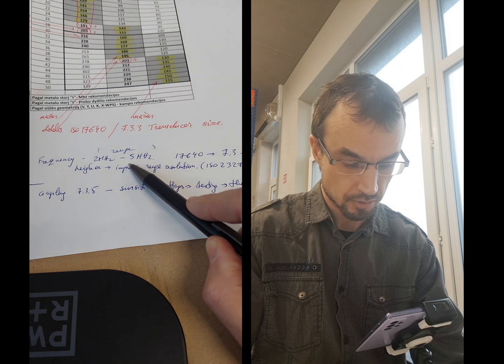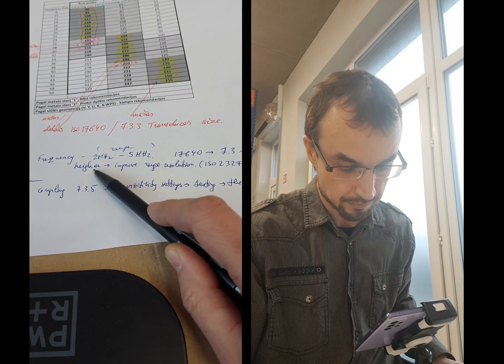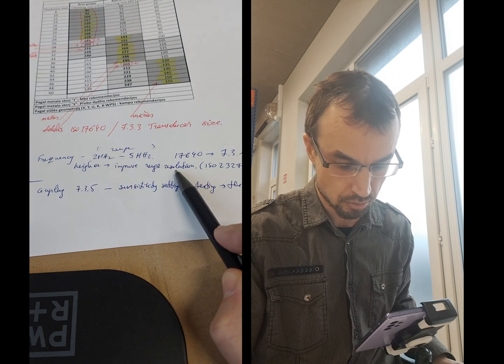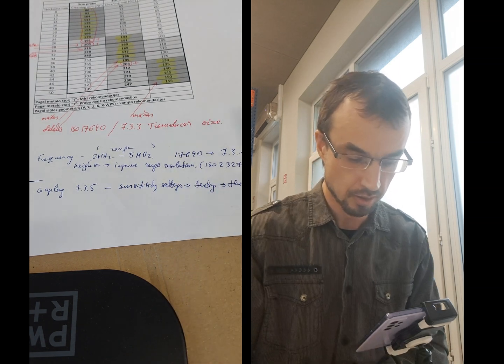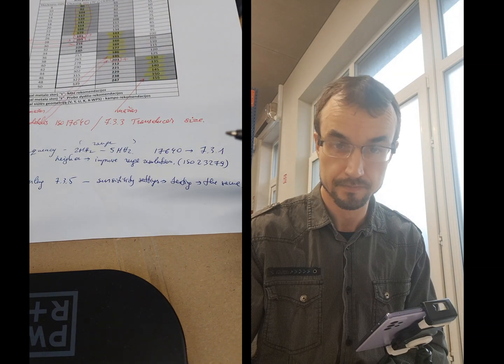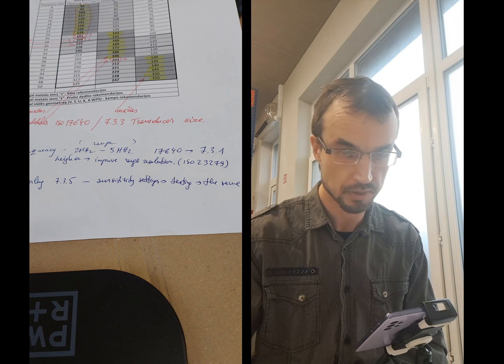Another thing that is written there is that the higher the frequency, the better we can improve range resolution, and if we need to identify the defect, whether it is a pore, a crack, whatever.